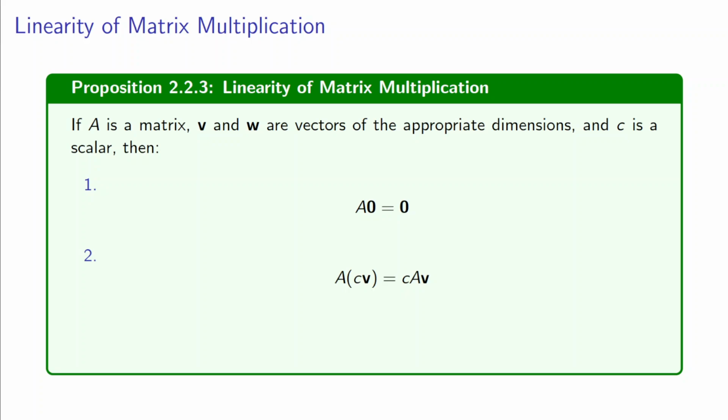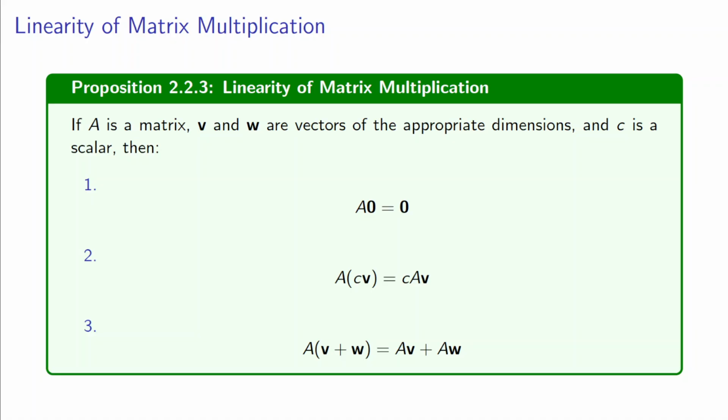Second here, A times the scalar multiple of a vector v by c, so A times the vector cv, is equal to c times the vector Av. So this is the idea that scalar multiplication can move in and out of matrix vector multiplication. And then we have this third property here that A times the sum v plus w is Av plus Aw.